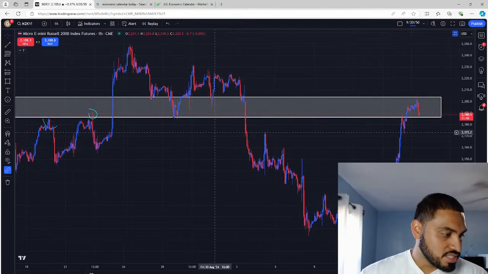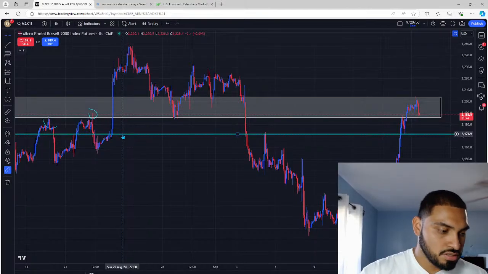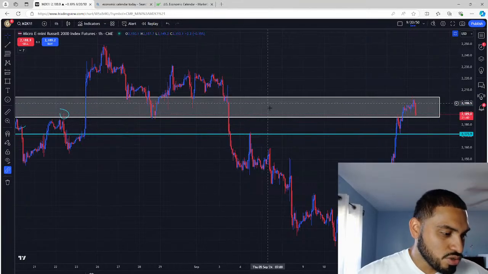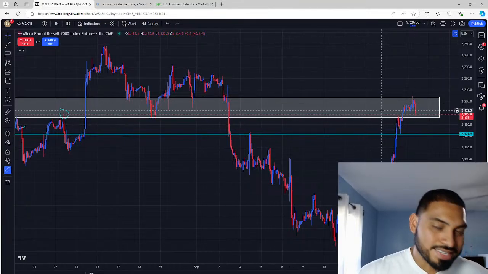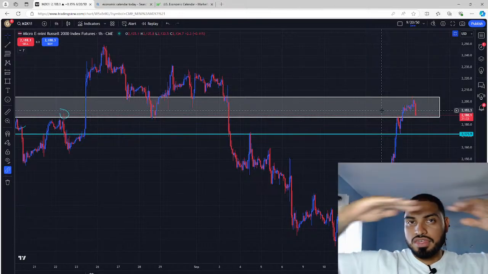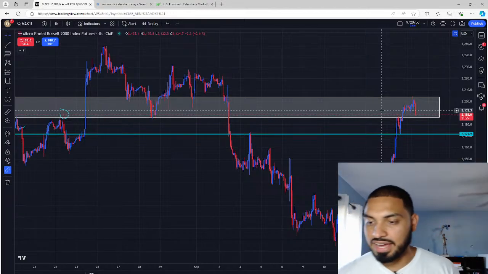On the 1 hour, we can see support right here on this level. So that's going to be our intraday trading range. I know this whole area is a big area, so I can't really specify this price level as a resistance level.